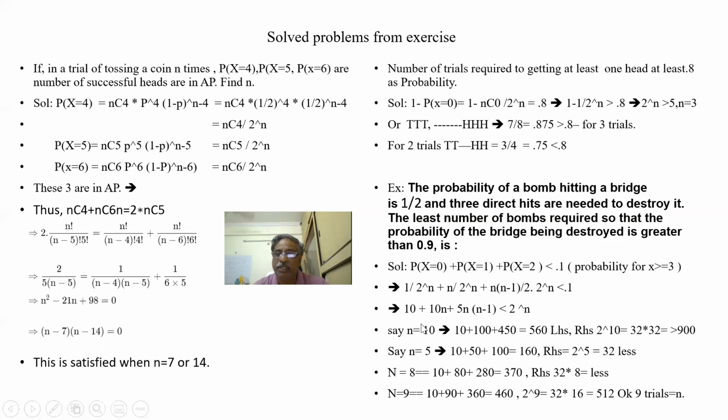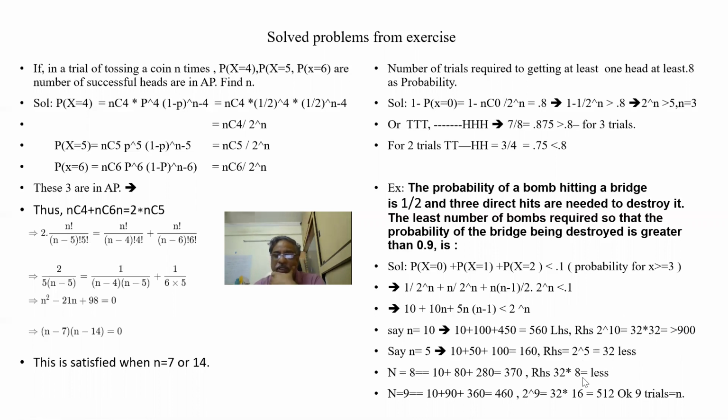So I am putting first n as 10. I am getting left hand side 560, right hand side more than 900. 560 is not less than 900. I am putting n as 5. Left hand side is 160, right hand side is 32. I am putting n as 8. Again, right hand side is less.